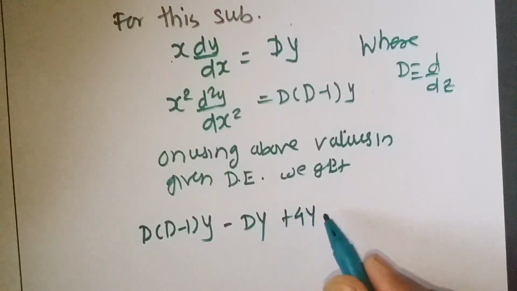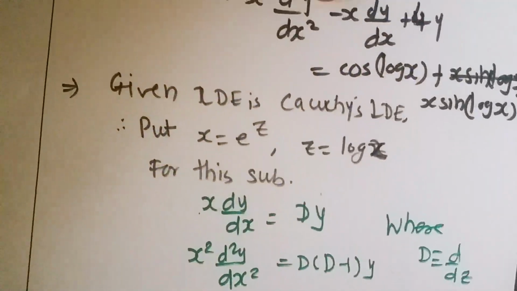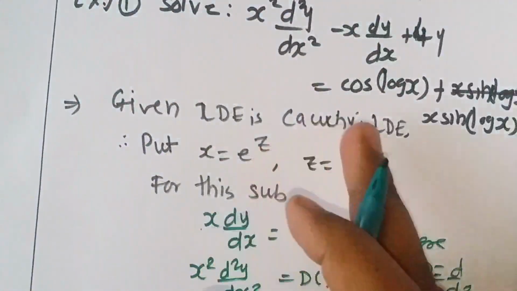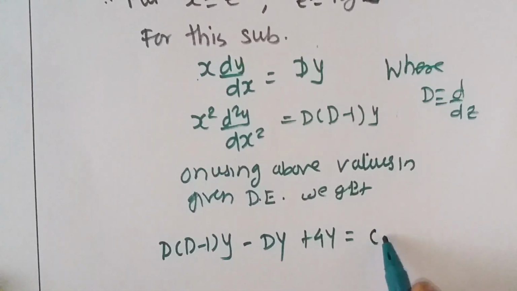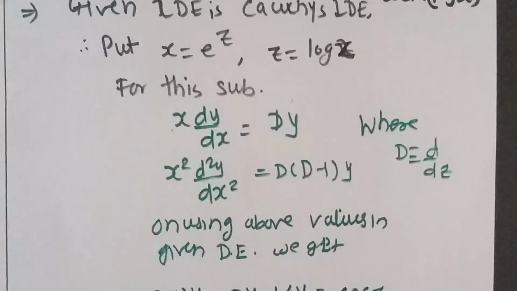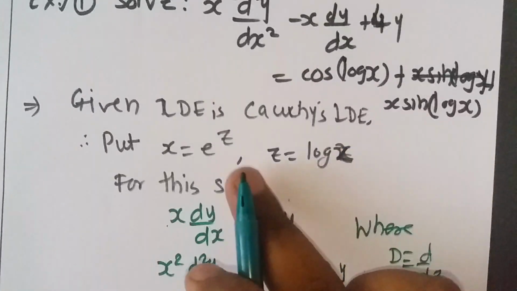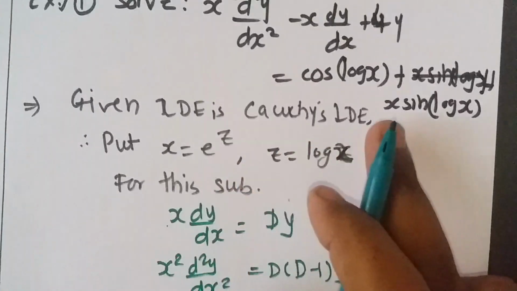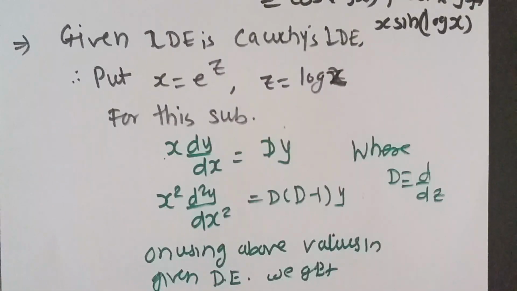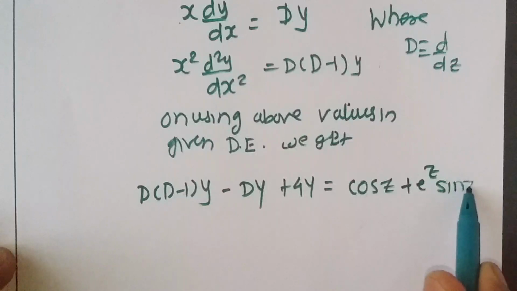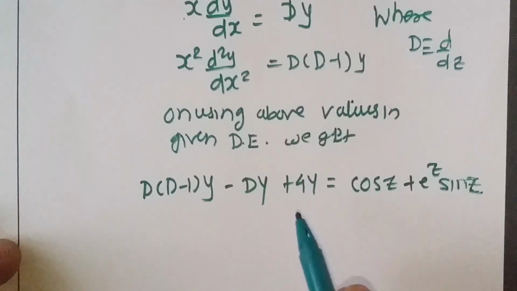On the right hand side, cos of log x, where x is e raised to z, so log of e raised to z will be z, so it will be cos z. Then x into sine of log x, where x is e raised to z and log x is z, so it will be e raised to z sine z. So this will be the new differential equation.